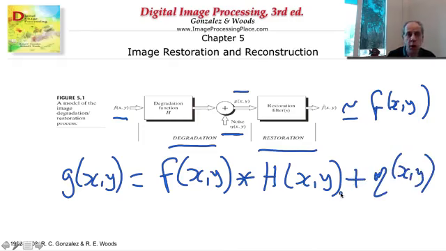Most of the image and video processing literature deals with what's called additive noise. The noise is added to the image. That's not what happens in all real cameras, in all real acquisition devices. There is also multiplicative noise very often, where the degradation gets multiplied by some noise. There are other types of noise, but these are two of the most common.